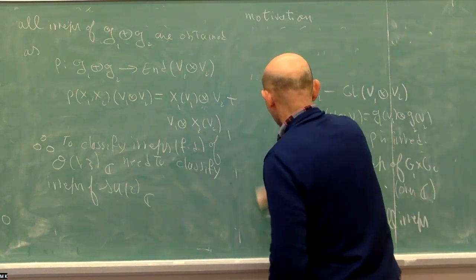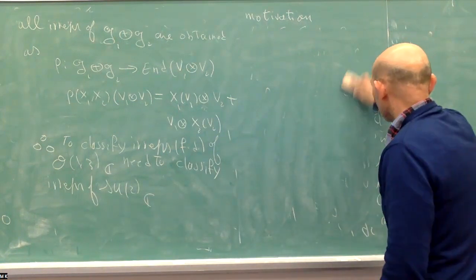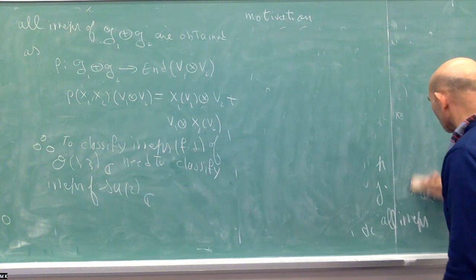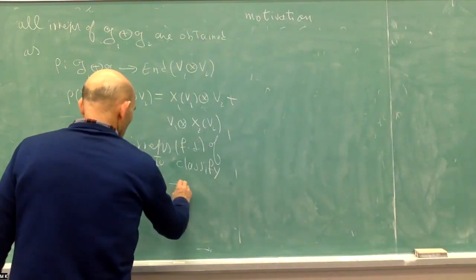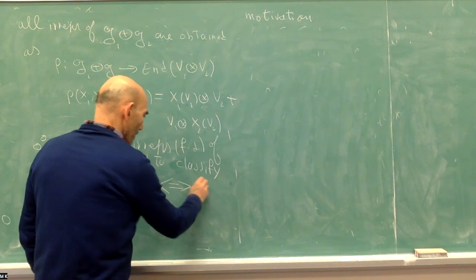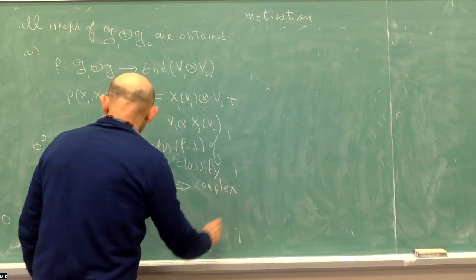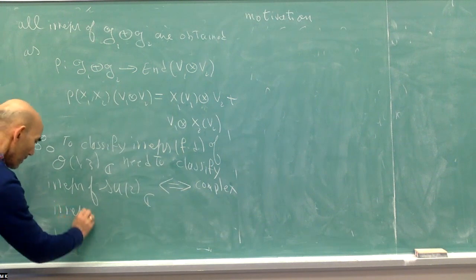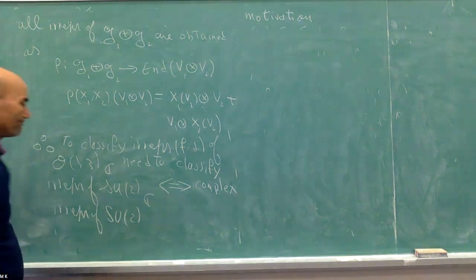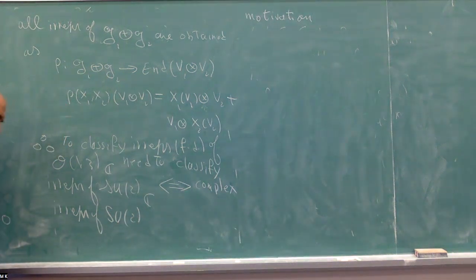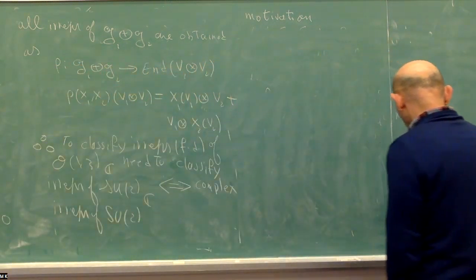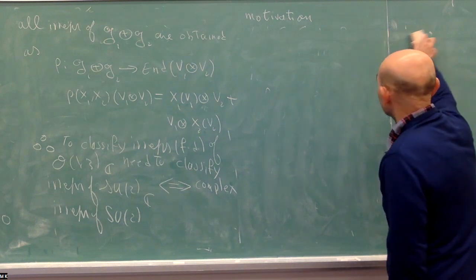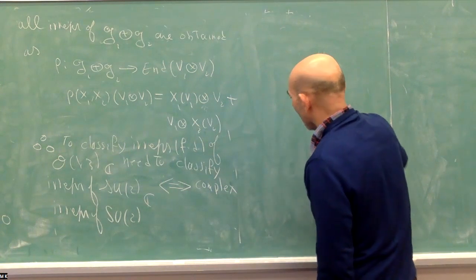In fact, this is in one-to-one correspondence with complex representations of SU2, the capital SU2, because SU2 is simply connected. So what are all complex irreps of SU2?